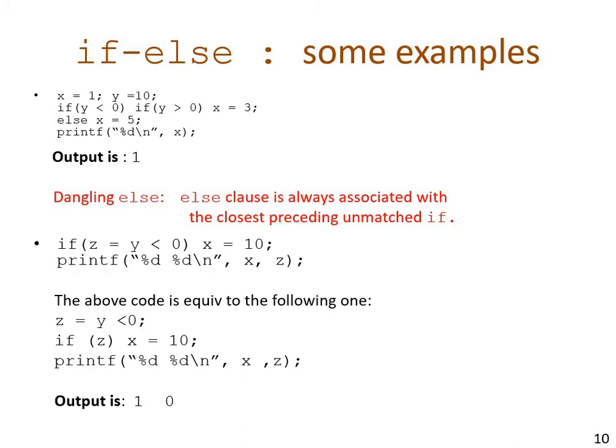The output is 1 because the else is associated with the closest if statement. That's the reason it will not go to that if else statement, and it will print the x value as 1 here.